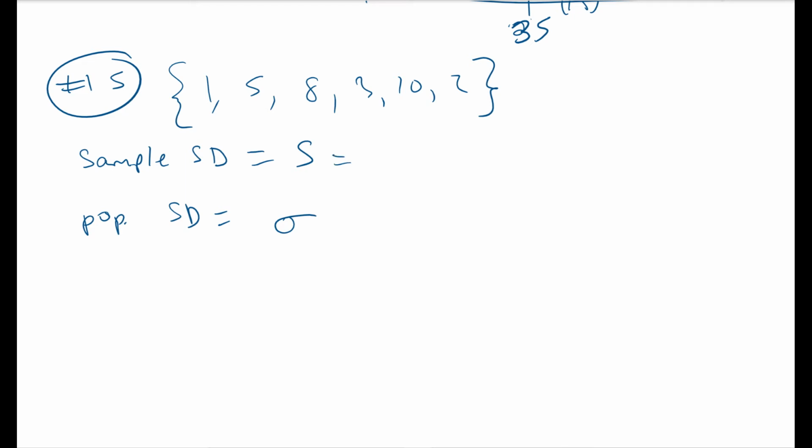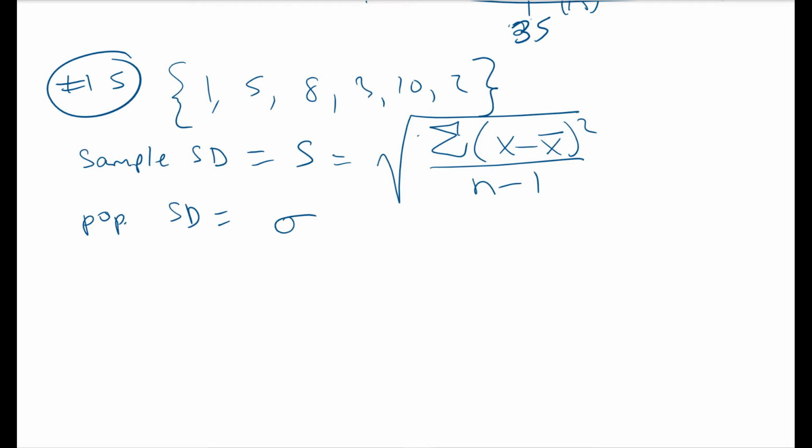The sample standard deviation is given by this formula: the square root of the sum of the deviations from the mean squared, divided by n minus 1, the number of data values minus 1. Remember, this is the sample mean.